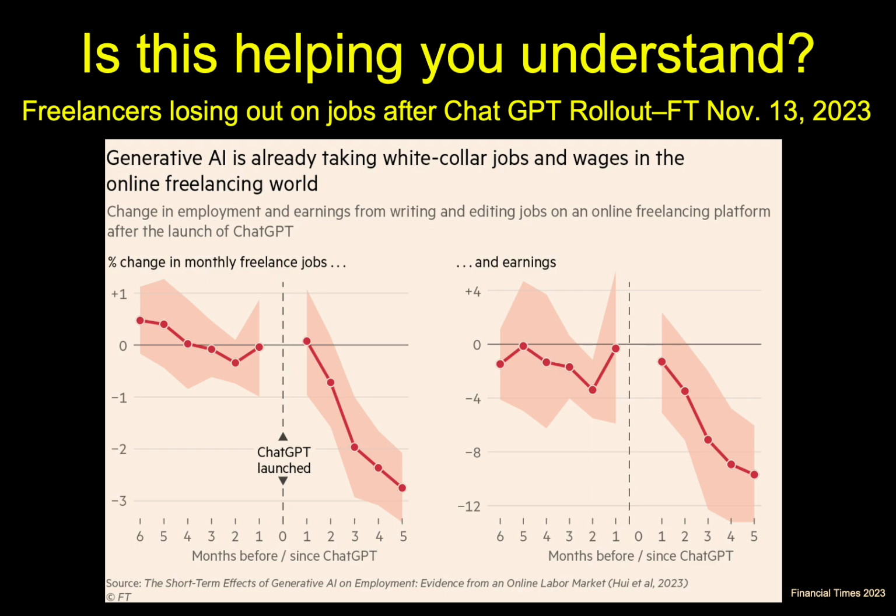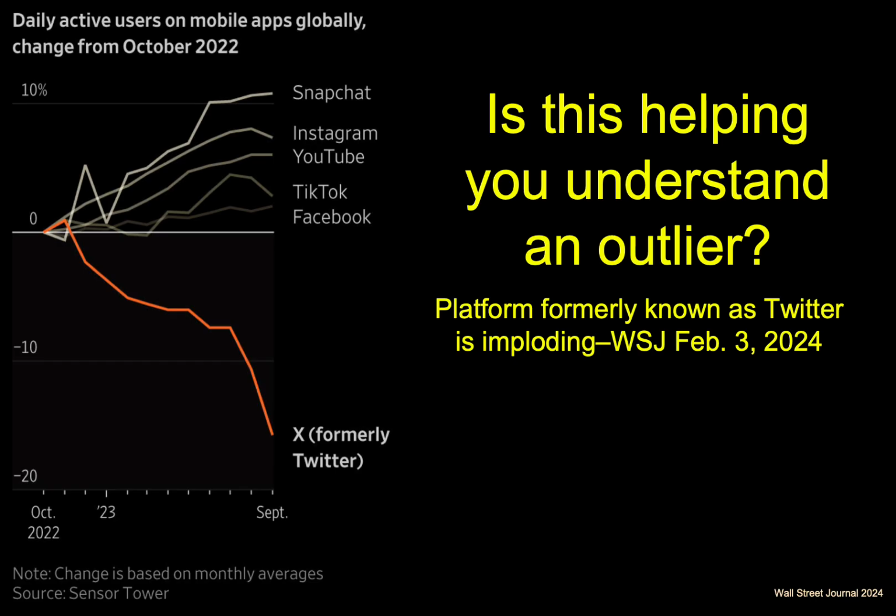So okay, cool. That seems to help us. There's some lack of clarity maybe in terms of what this actual number is. This says change in employment and earnings, but it doesn't tell us if it's absolute, if it's a percentage, or what. But still, it looks like the trend is down. Okay, cool. How about this one?